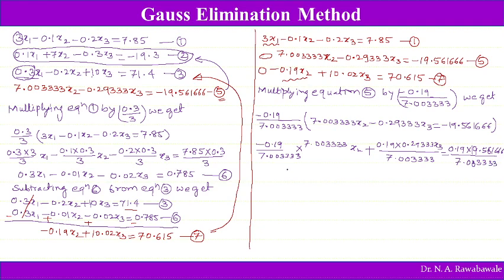On simplification, we get this as minus 0.19 x2, so this term gets cancelled, plus of 0.007958 x3, which is equal to 0.530706. We call this equation number 8, say.